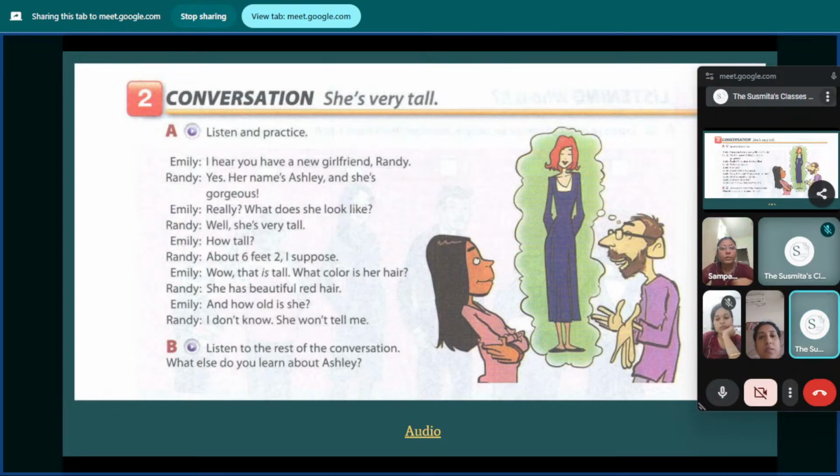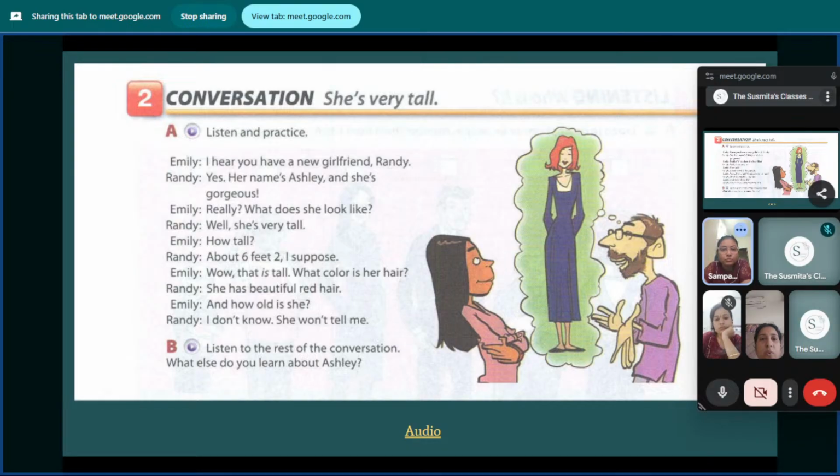Read the conversation loudly. I hear you have a new girlfriend, Randy. Yes. Her name is Ashley, and she is gorgeous. Really? What does she look like? Well, she is very tall.